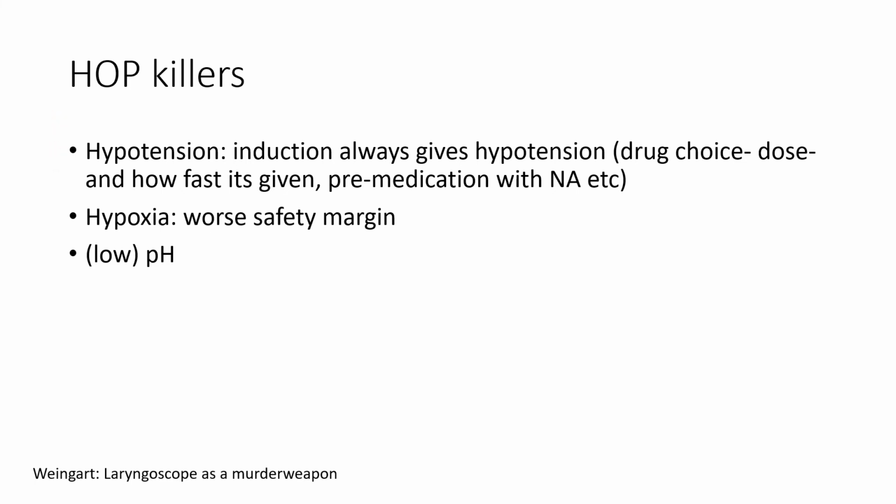So you need to even pre-medicate with noradrenaline or resuscitate before you do anything, and also choose the right drug and the right dose. The dose is probably more important than the drug, and usually you can give it in incremental doses, sorry, instead of one push dose.